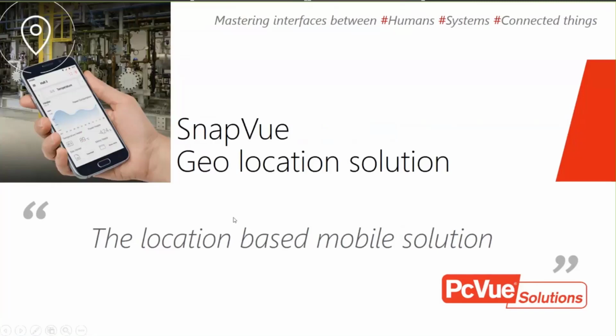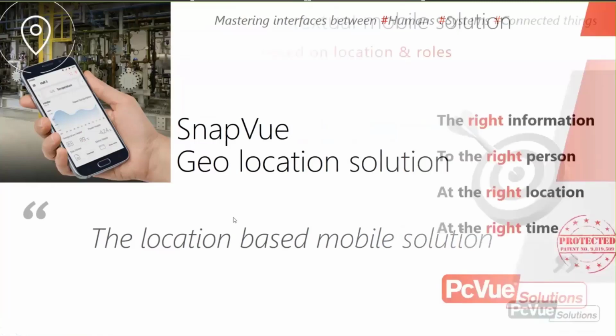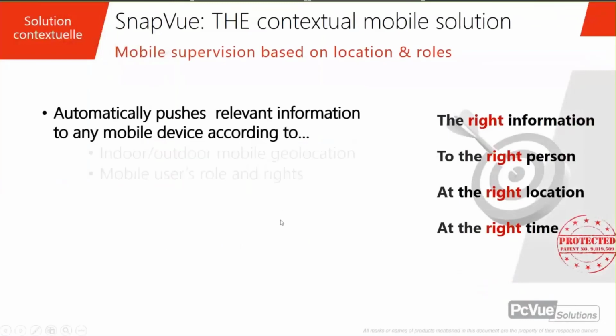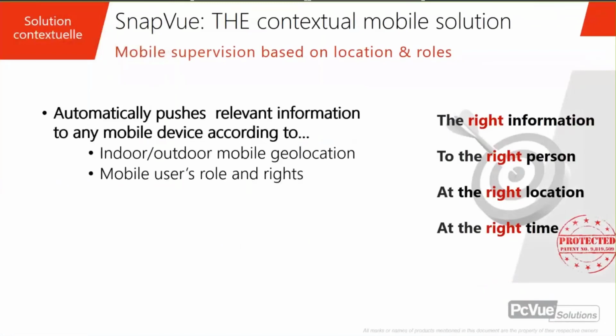Basically, this mobile app automatically gives relevant information to mobile devices according to indoor-outdoor mobile geolocation and mobile users' role and rights. So depending on where you are and what you have to do where you are, the mobile app just gives you the information you need.